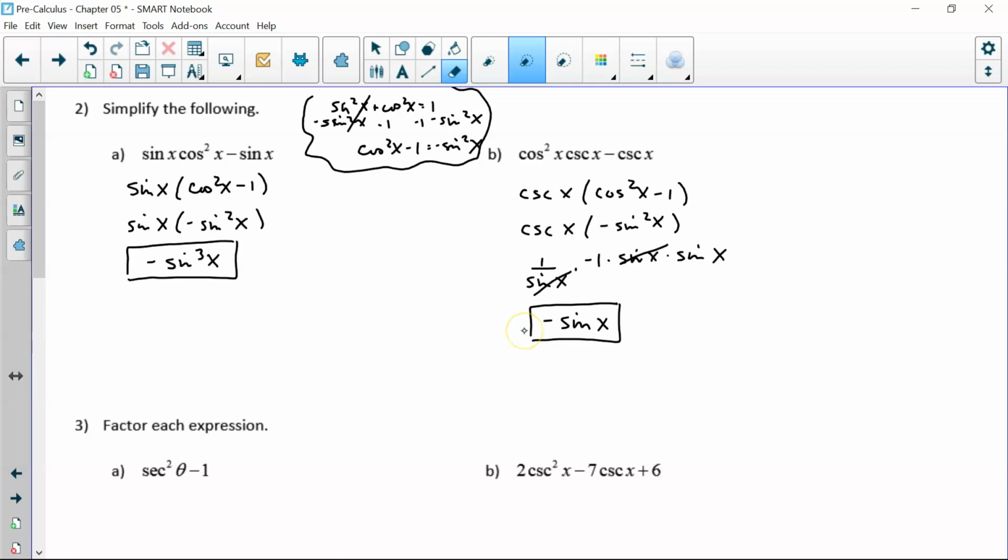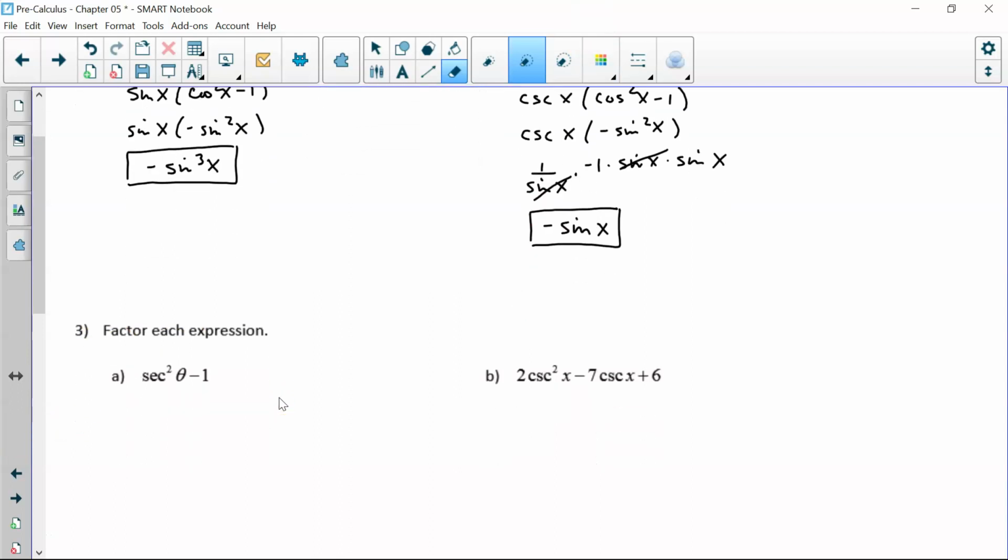Like I said, we're going to be practicing this quite a bit in the first few sections, so it's going to take some time to get used to. Secant squared theta minus 1. Now, they want us to factor it. So what we can do is a little bit of substitution here. Instead of putting secant of theta, I can write that as x. So instead of secant squared, I'd have x squared minus 1.